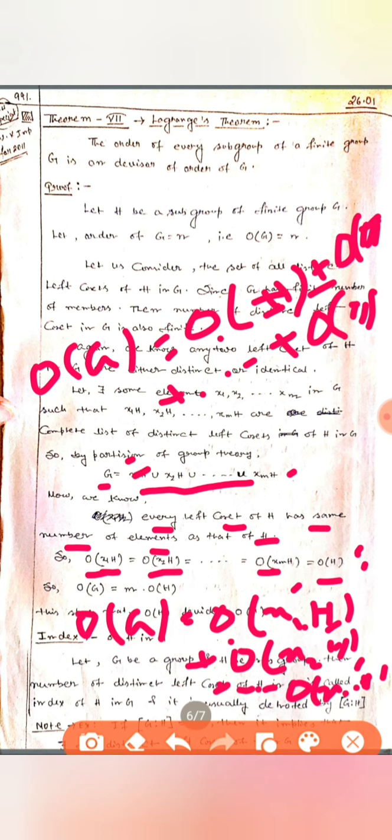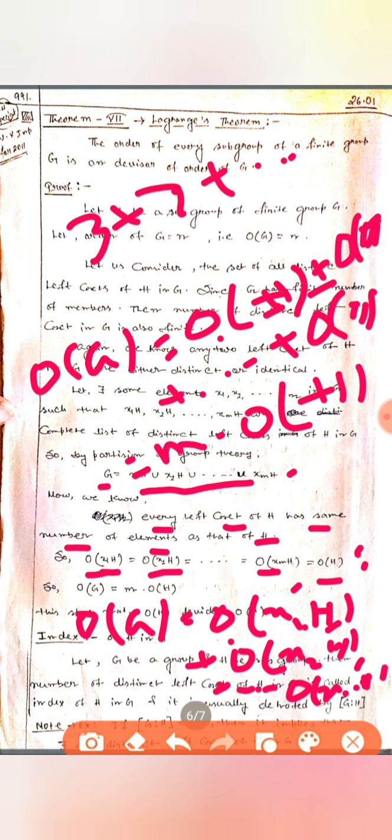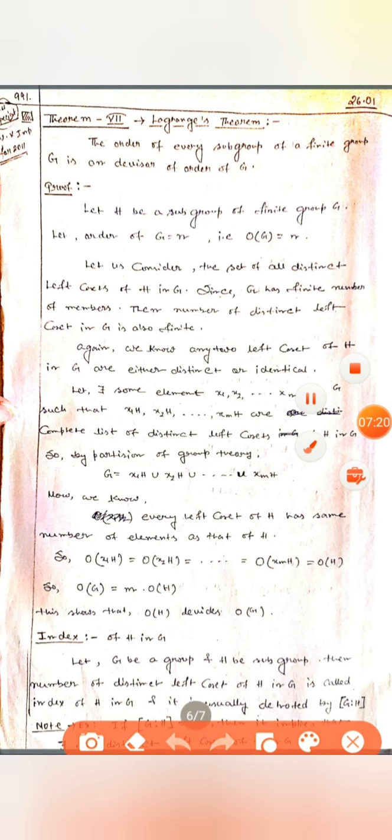So we can write m into O(H). That is, if we have 3 plus 3 and so on, 5 times, we can write 5 into 3. Here in place of 5 we have m, and in place of 3 we have the order of H. So the order of G equals m into the order of H. That means the order of H divides the order of G.